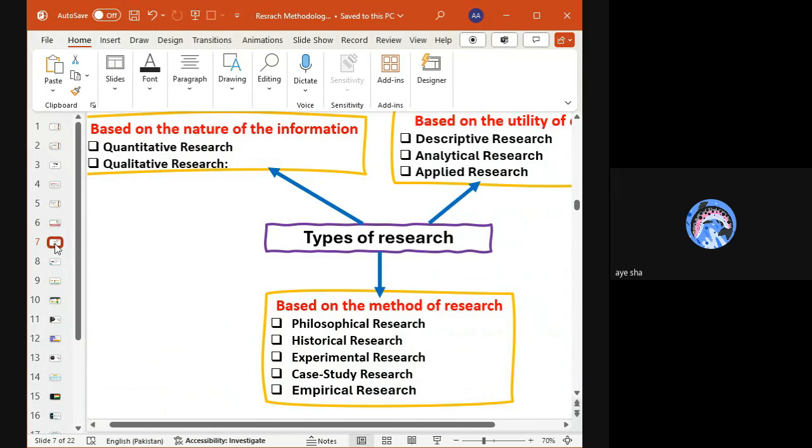Before I begin with the types of research, keep in mind that I would like you who are available here to actively participate. Since the assignment for this unit is different compared to the previous one, I will be explaining it simultaneously along with this session topic.